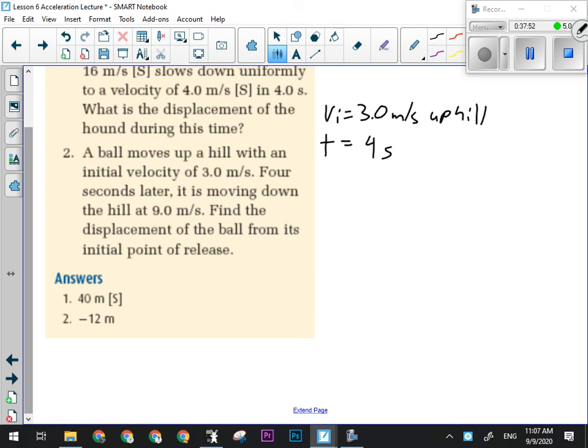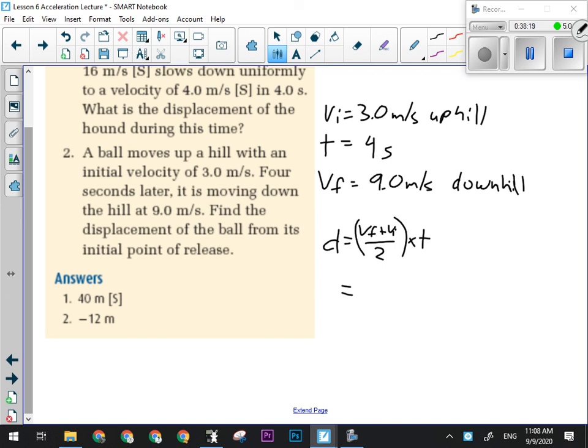It is moving down the hill at 9 meters per second, downhill. Find the displacement of the ball from its initial point of release. So once again, we don't have to manipulate. We have everything and the formula is already set up for what we're looking for. But we have to keep in mind that VF and VI are in opposite directions.